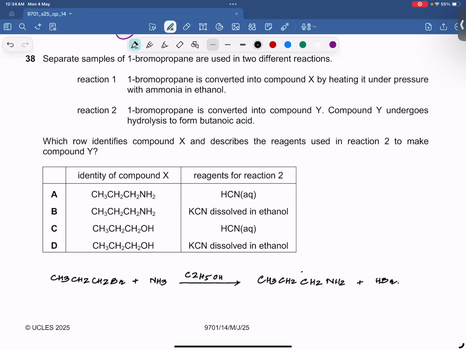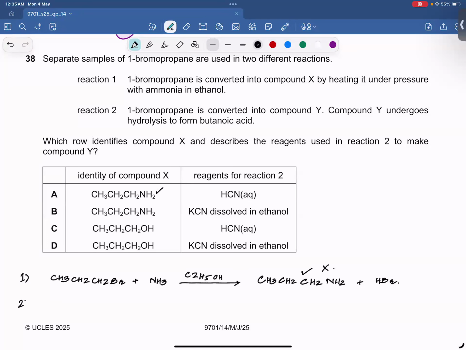So that's 1-aminopropane. This one is your compound X. The reaction takes place in the presence of ethanol and ammonia. So this is the story of reaction 1.